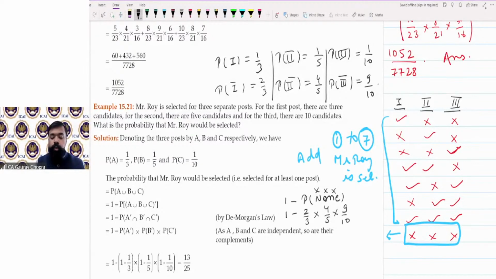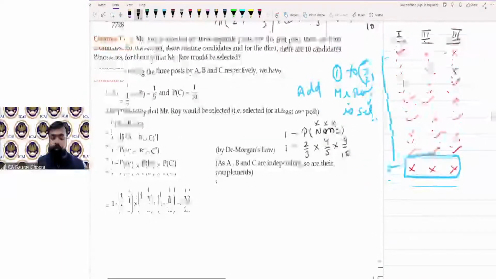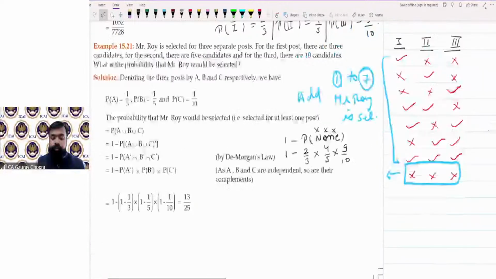So let's do the simplification. Final answer which we are getting is 1 minus 12 upon 25, that is 13 by 25.